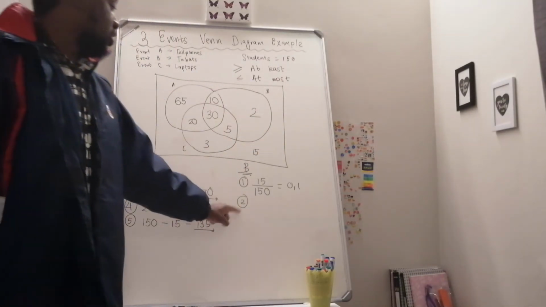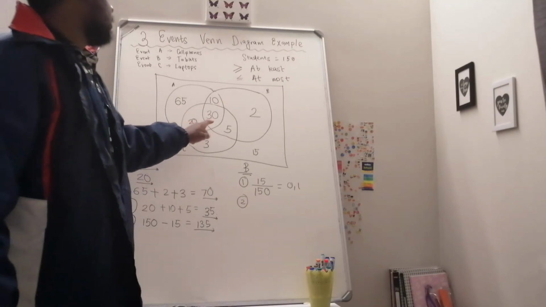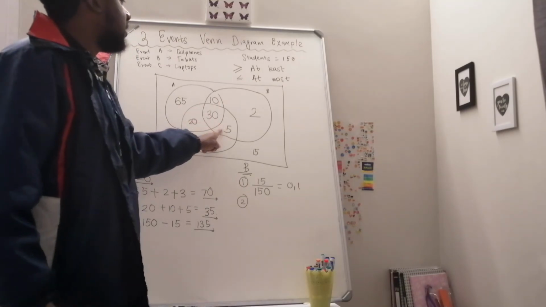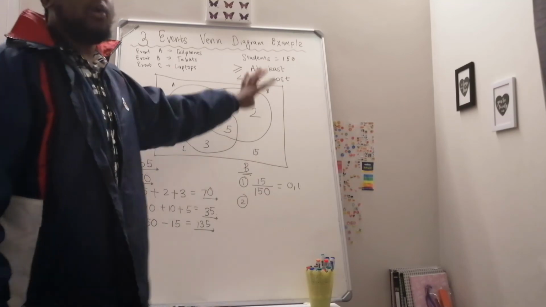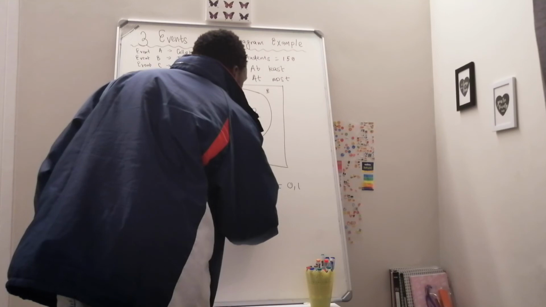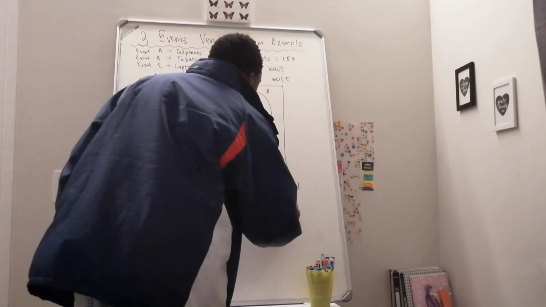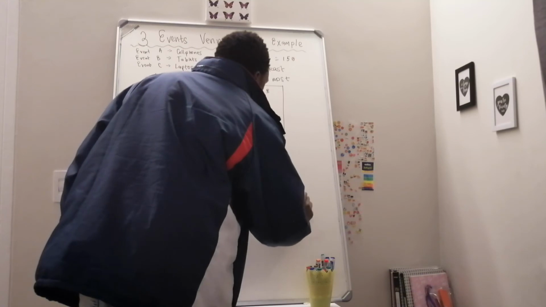Right? So we're still talking about at least, 10 plus 20 plus 30 plus 5 divided by the whole sample space. So let's do that. 10 plus 20 plus 30 plus 5.